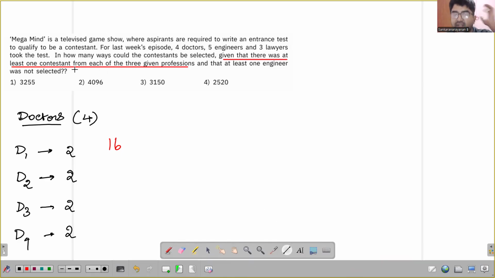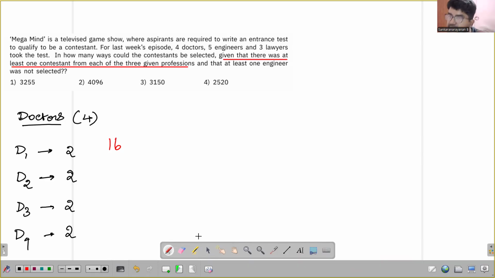Which means in this 16, there is one possibility where none of the doctors are selected: 0 for doctor 1, doctor 2, doctor 3, doctor 4.